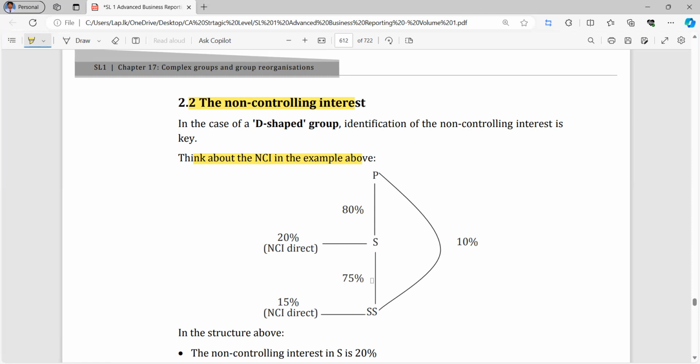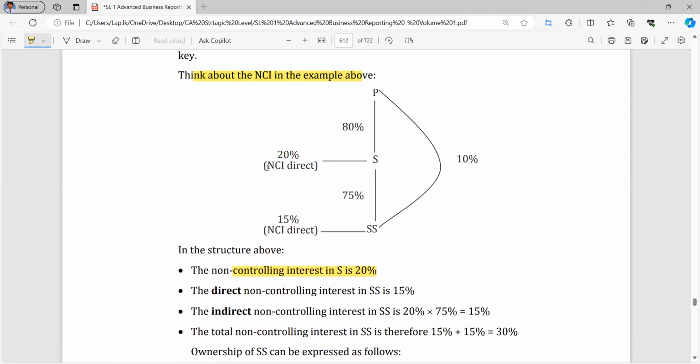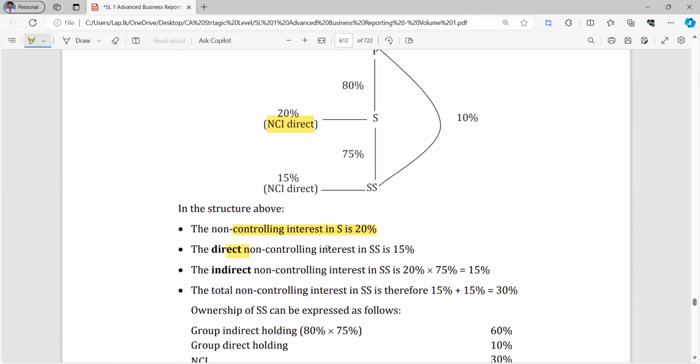Right. It means, in the structure above, the non-controlling interest in S is 20%. The direct non-controlling interest in SS is 15%.